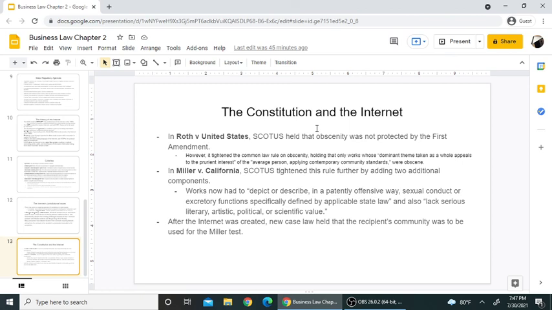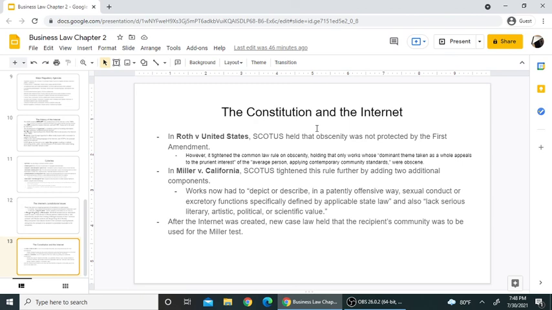But then in Miller, the Supreme Court tightened the standard even further and added two additional components to the rules. So now instead of a work meeting just one condition, it had to meet three different conditions. So it's much harder for these kinds of prosecutions or civil cases for obscenity to succeed.